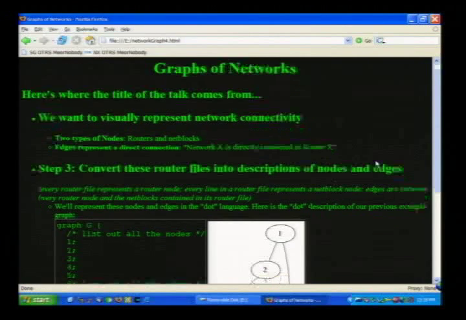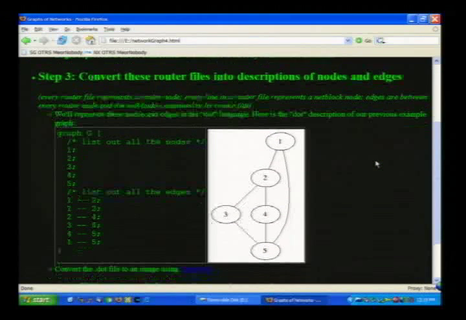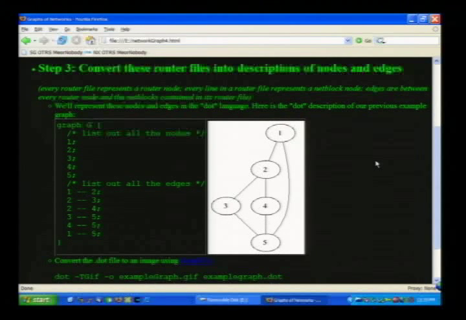Let's talk a little bit about graphs again. We can take the same graph that we saw earlier and represent it in a language called dot, which is just basically a language for describing the way a graph is. So you see we define our vertices, 1, 2, 3, 4, 5, and our edges, 1 to 2, 2 to 3, 2 to 4, 3 to 5, and so forth. And then we can use something like GraphViz to render that into the image that you see on the right there.